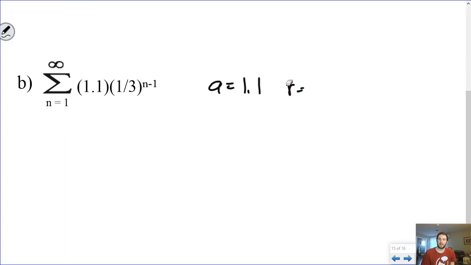And my r value here is 1/3. So geometric series, r is less than 1. So let's find the infinite sum by using my formula.